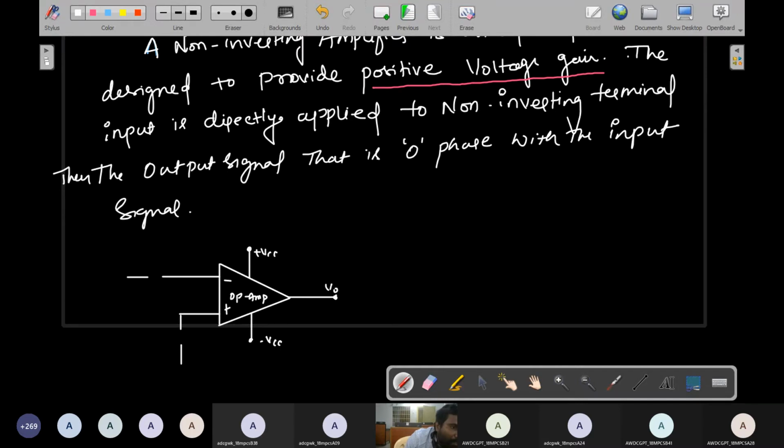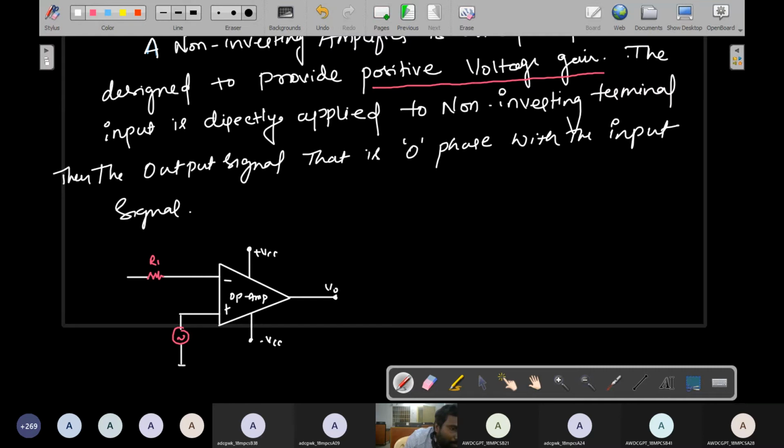And see here a resistor. This is called the input resistor R1, which is directly connected to ground.